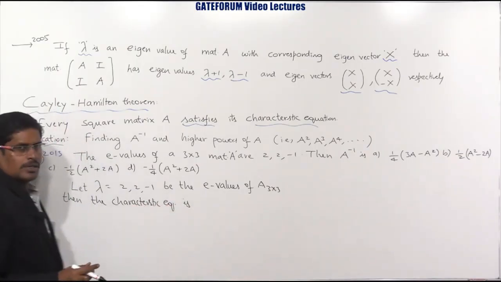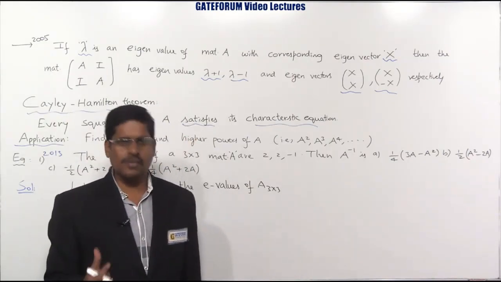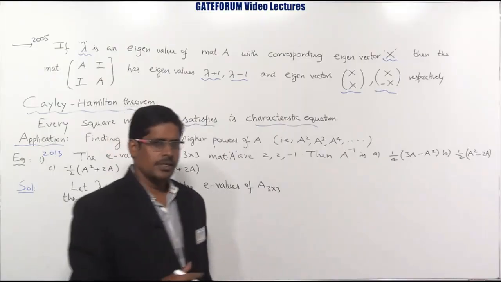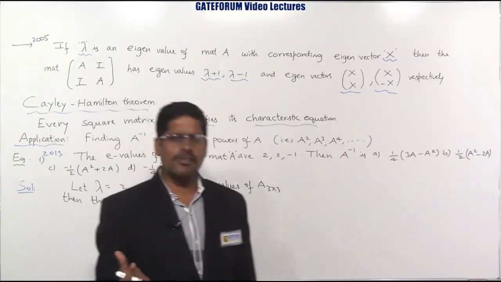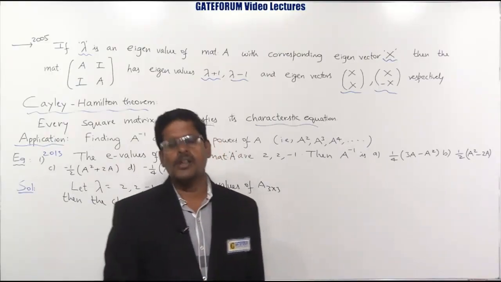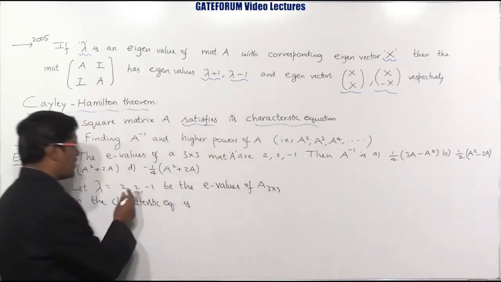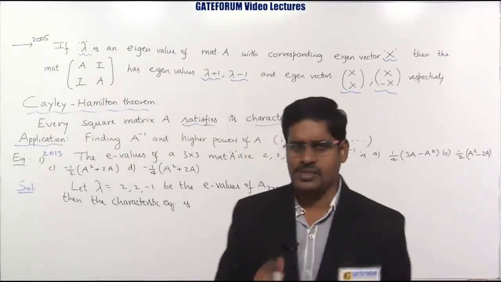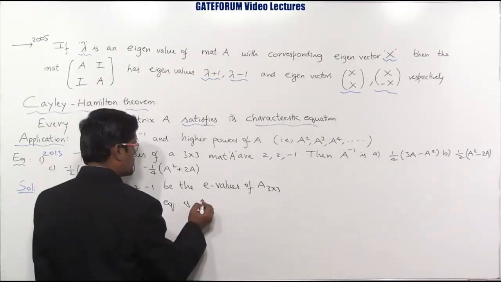From the characteristic equation, after solving, we get lambda values. Now it is given in reverse, that is backtracking. So the lambda values are given. How to find the corresponding equation? When you know the roots of an equation, how do you find the corresponding polynomial? Product of the respective factors. So what are the 3 factors for this equation? Lambda minus 2, lambda minus 2 and lambda plus 1. The product of these 3 will become a lambda cube equation, that is the characteristic equation.